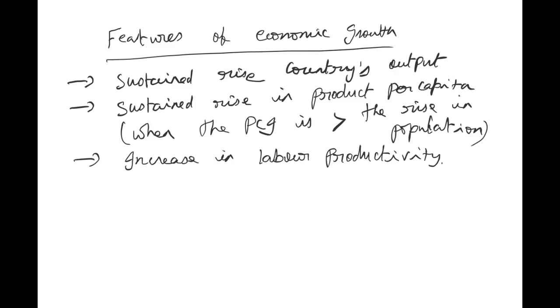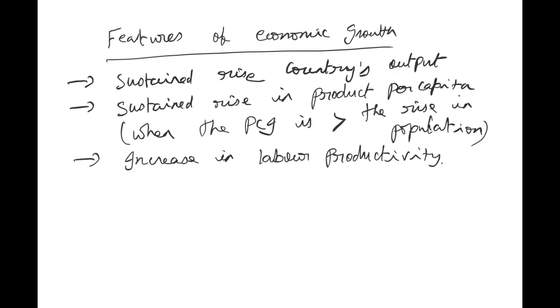See, if you want to keep on increasing the total output, we should not depend upon increasing the labor force in the country. Of course, that is also a necessity. There should be a reasonable amount of labor force available in a country. But then, in order to increase the production of a country, if the country also tries to increase the labor force of a country, that means the population of the country will keep on increasing.